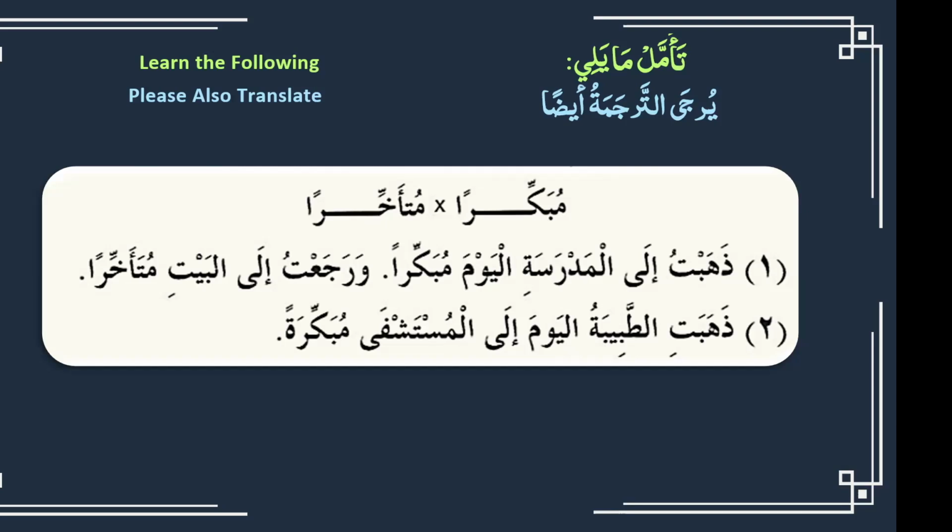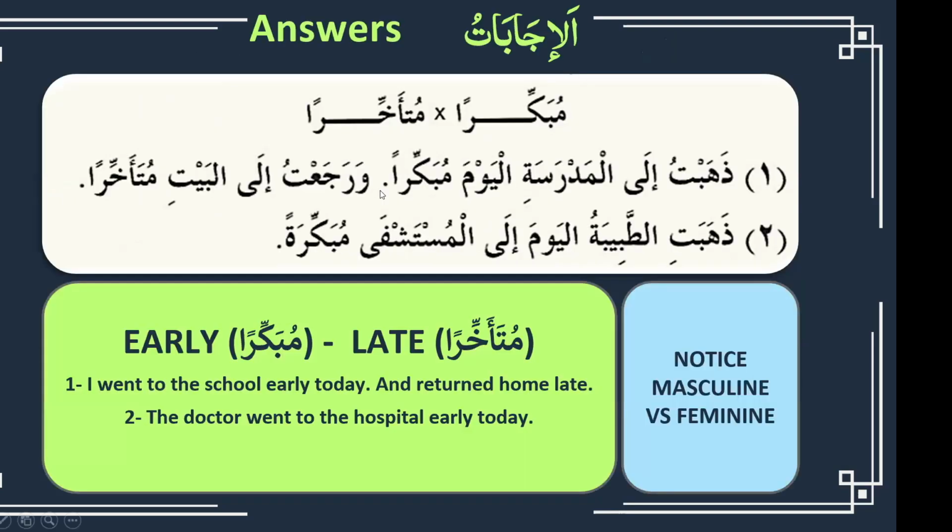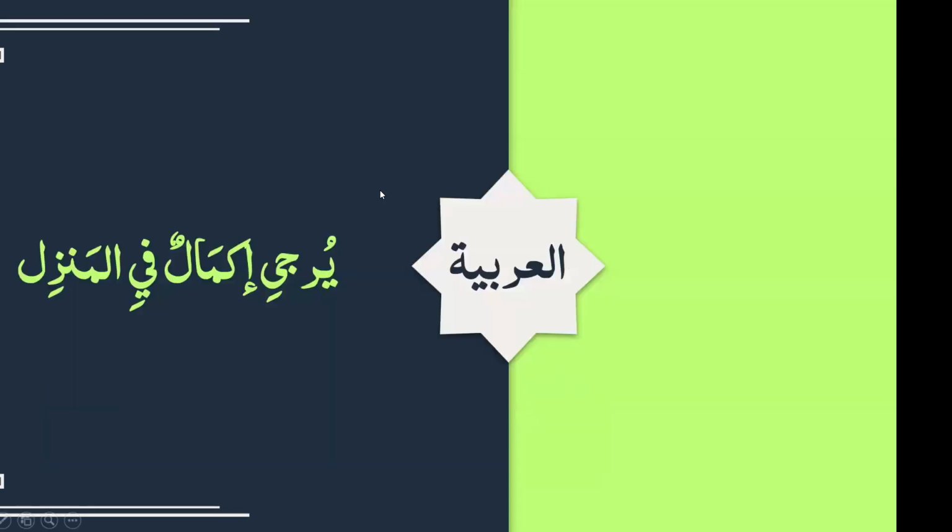If you don't know, it's okay. Just say it. So I don't know. It's okay. I'll tell you. Mubakkiran will be early. Mutaakhiran will be late. Mubakkiran is early and mutaakhiran is late.